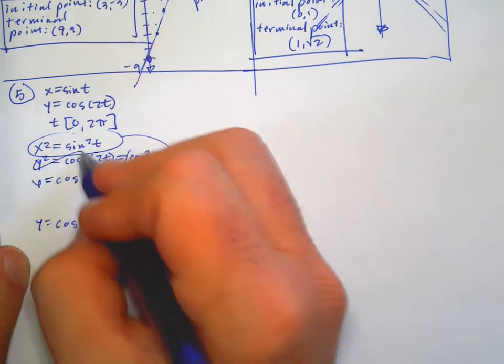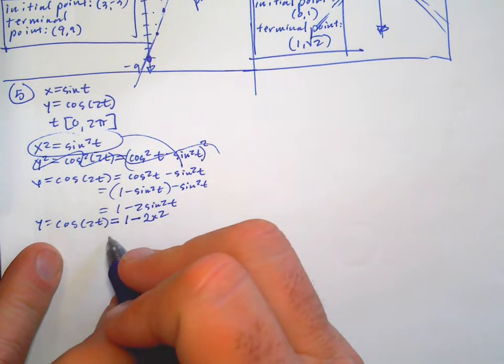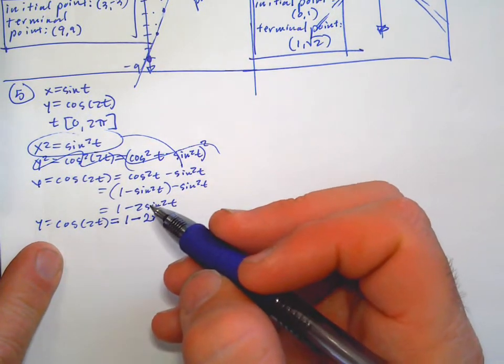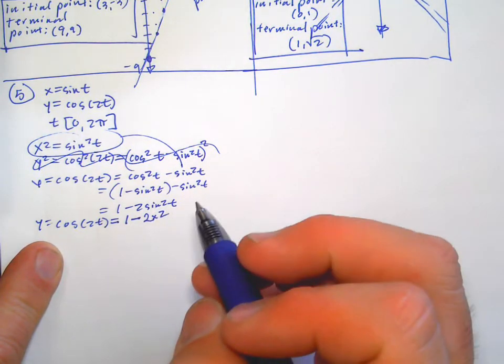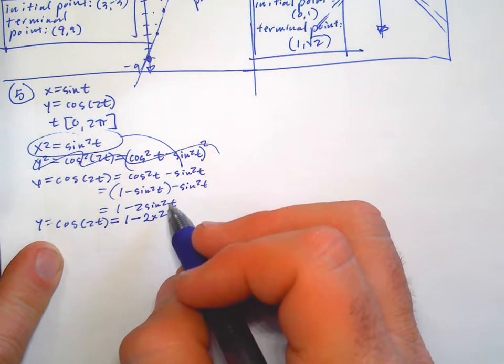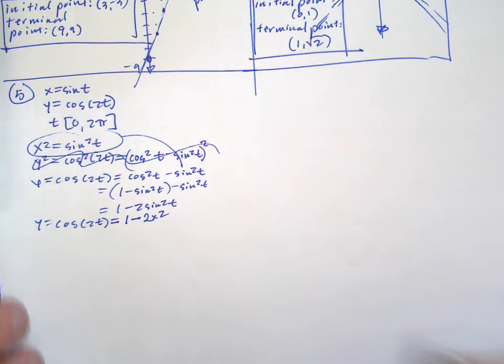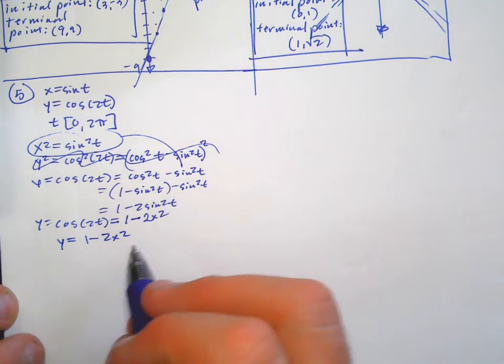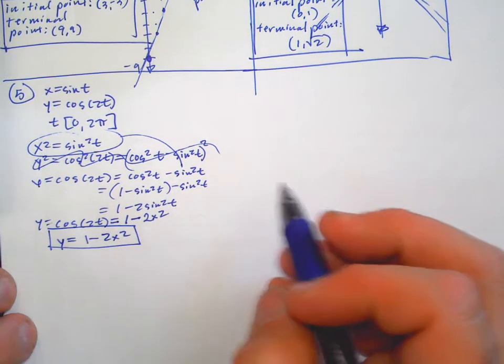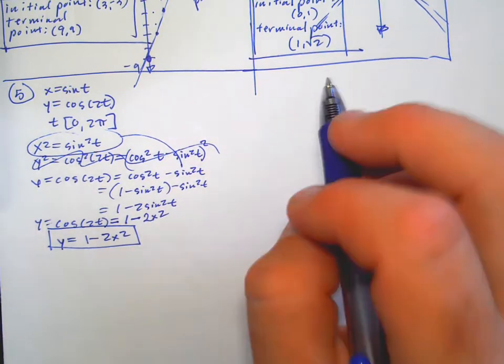Now let's see, sine squared, that's x squared. Okay, there you go. That's the equation: y equals 1 minus 2x squared. So this was a little challenging. It's a parabola, so we draw a sketch of it.